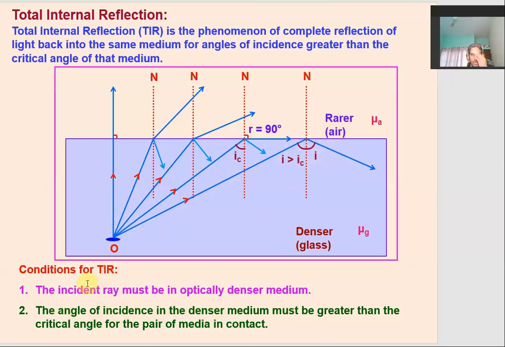So these are the two conditions which must be simultaneously satisfied for total internal reflection to happen. The critical angle will depend upon the pair of media we are using, either air-glass, water-glass, glass-air, or water-air, whatever set of media we are using.